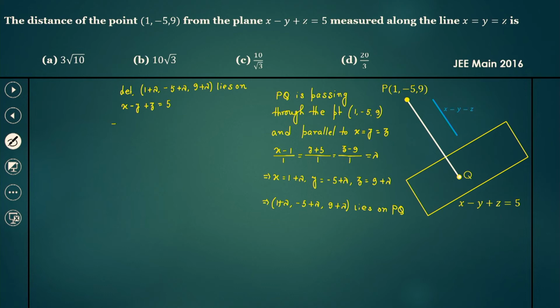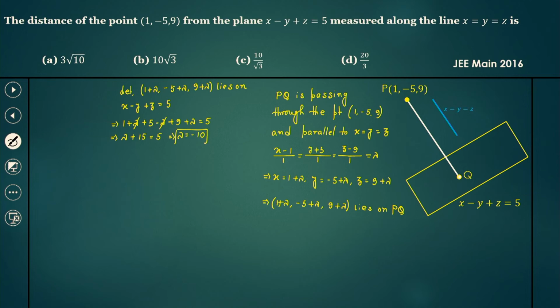That implies 1 plus lambda plus 5 minus lambda plus 9 plus lambda equals 5. If I calculate, the lambdas... we get 1 plus 5 plus 9, which is 15, plus lambda, equal to 5. That gives me lambda equal to minus 10.